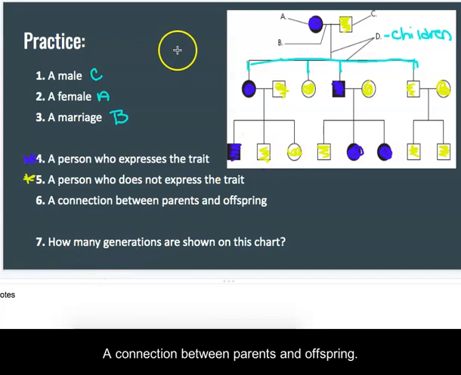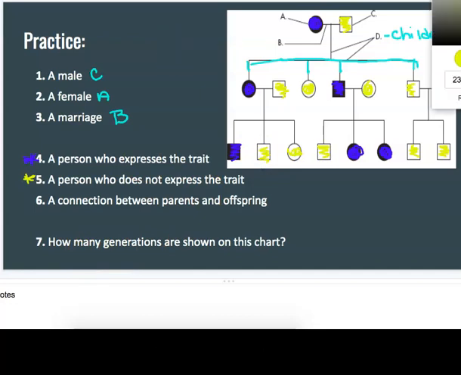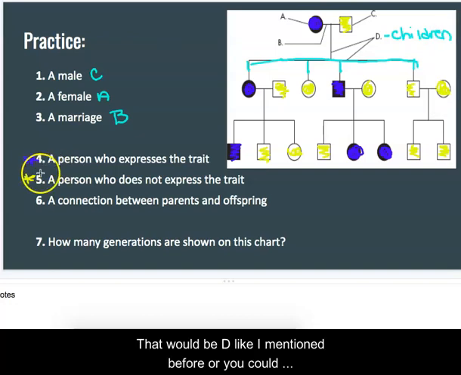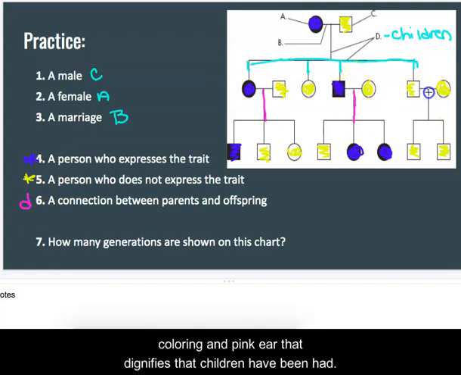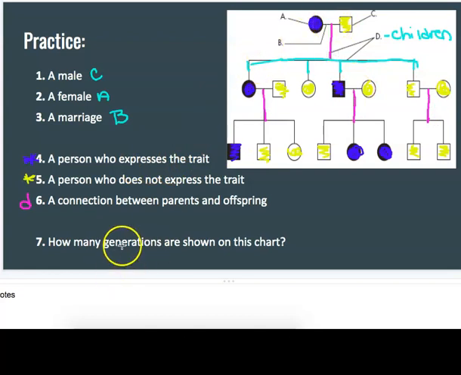A connection between parents and offspring. That would be D, like I mentioned before, or you could really do any of these downward lines that I'm coloring in pink here. That signifies that children have been had by parent and offspring.